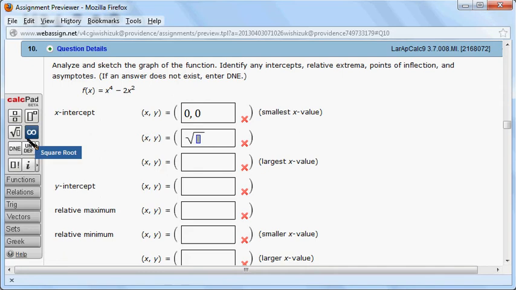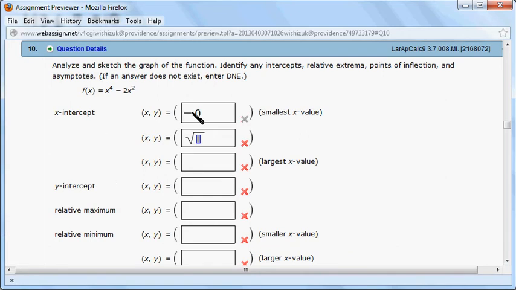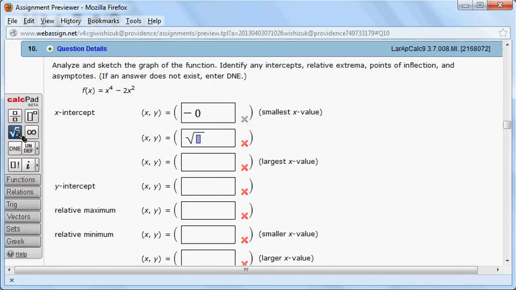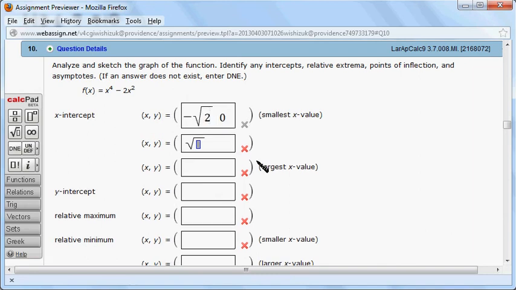Actually, smallest x value first, sorry. So I have to put the negative square root of 2, comma, 0.